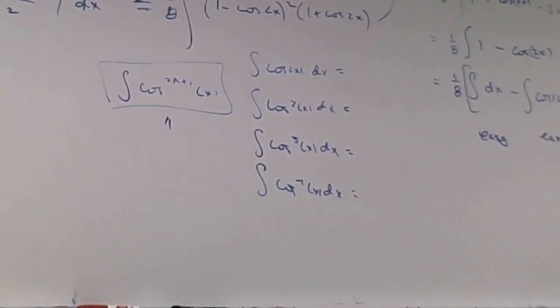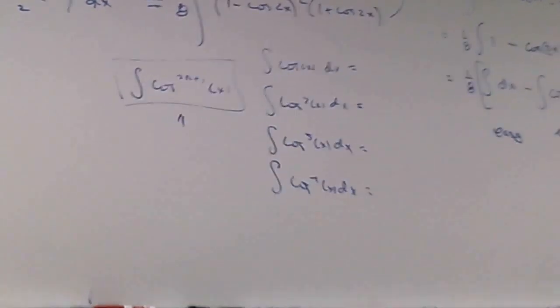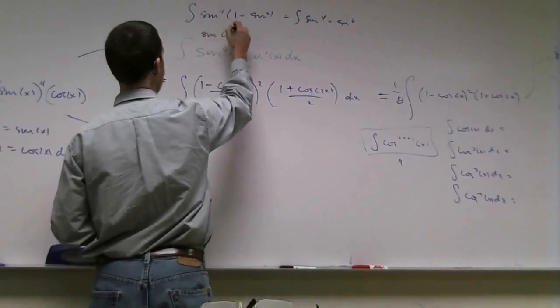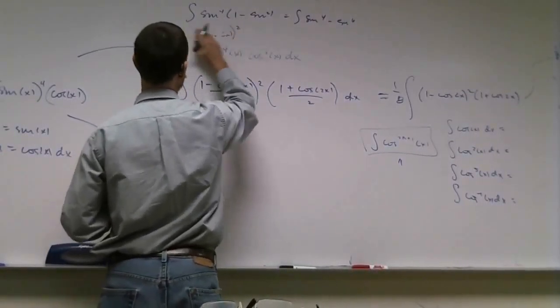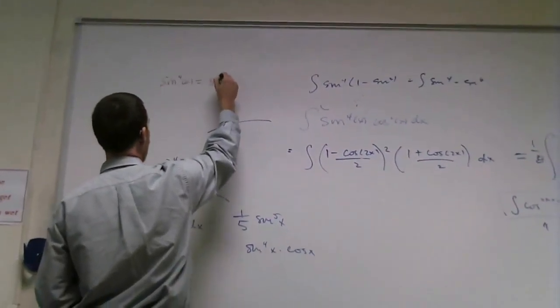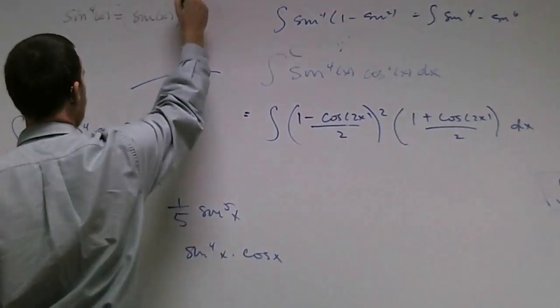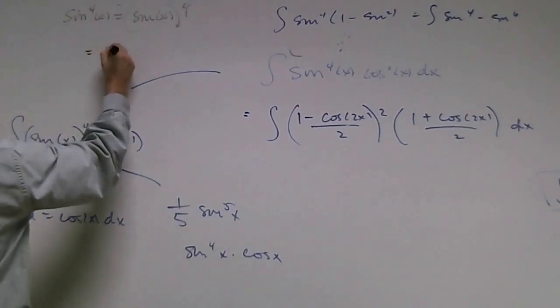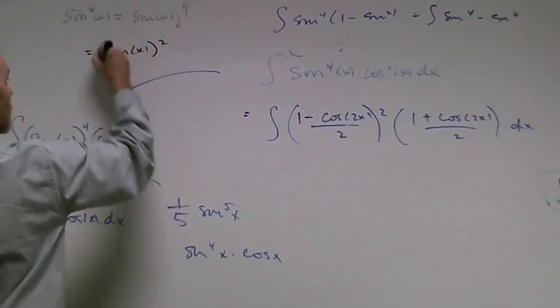How did it get to 2x? If the original problem was this one? Well, because it started off with sine squared of x, cosine squared of x. Sine to the fourth of x really means sine of x to the fourth, which is the same as sine squared of x, squared.